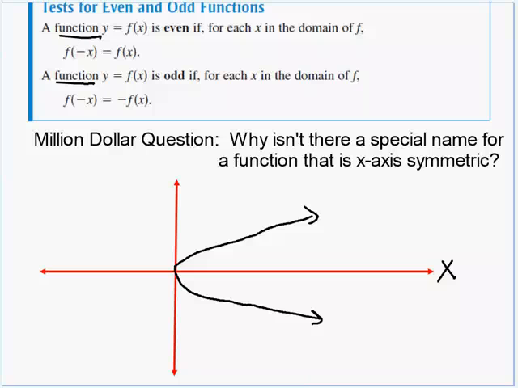Would this pass the vertical line test? Of course not, if I move my vertical line back and forth, it's hitting the graph at more than one spot. So this is not even a function. If you are symmetric to the x-axis, you are not going to be a function at all because it fails the vertical line test. That's why there is no special name for something that is symmetric to the x-axis, because if you're symmetric to x, you are not a function.